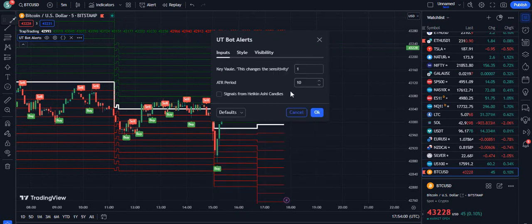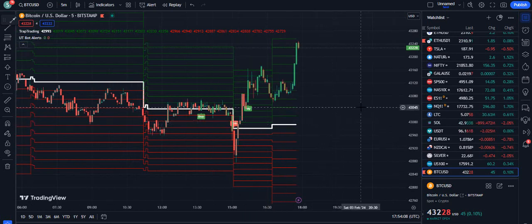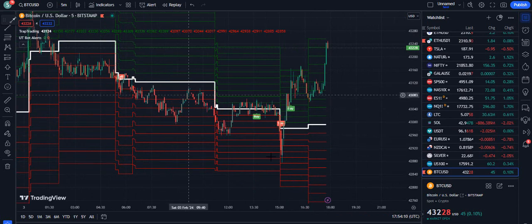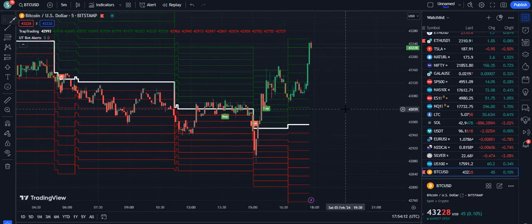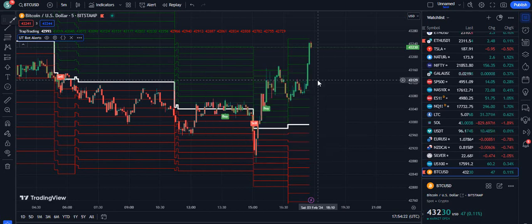The best settings for the UT Bot are these, but if you are comfortable using another setting, that is completely fine, as it fits the indicator as well. It's your choice. If you want to use the aggressive mode, then you can set the key value to 1 and the ATR period to 5.